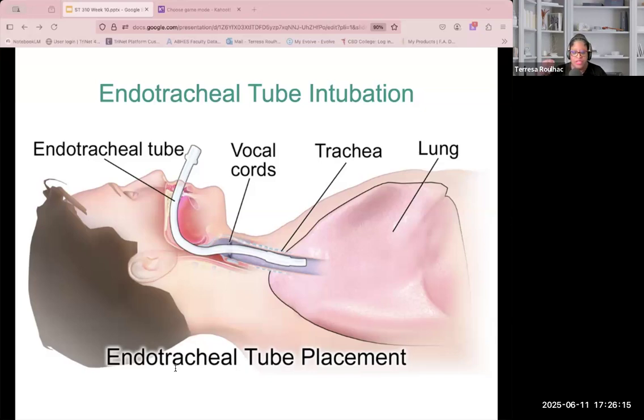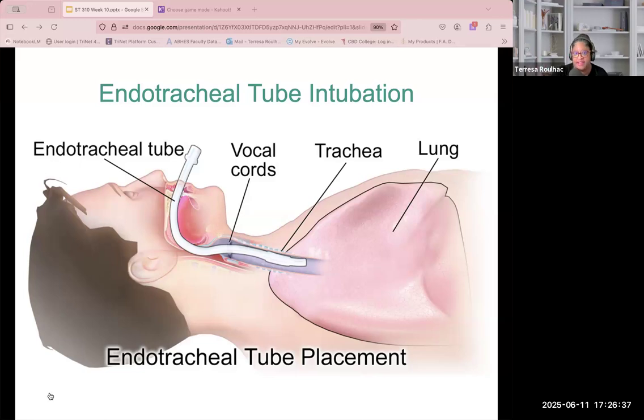Again, they're listening to both lung sounds to make sure that it's properly positioned. And you can see how it looks here, how it's going through. Now they're going to be looking with the LMA that has a light on it to make sure they're going in the right area.